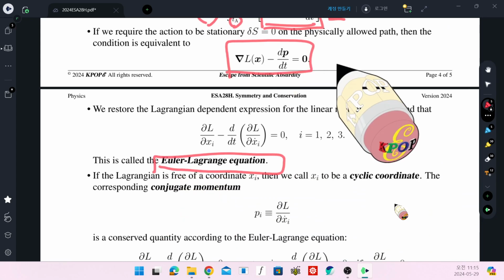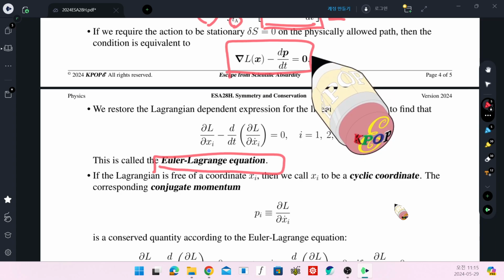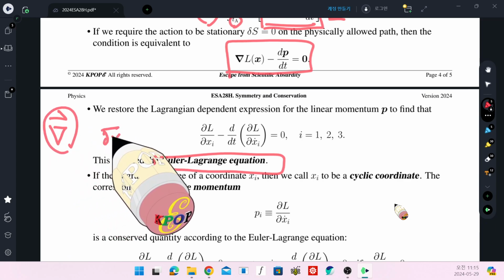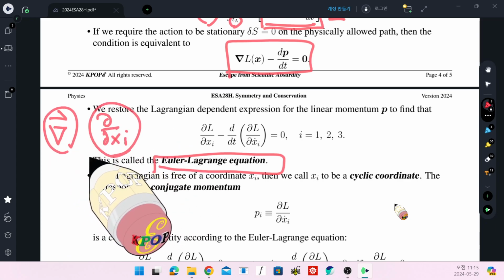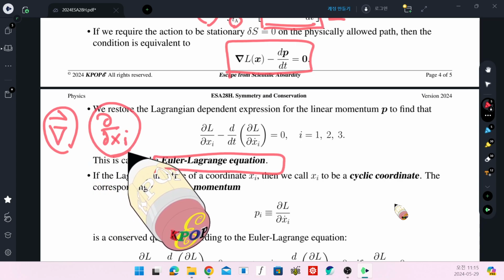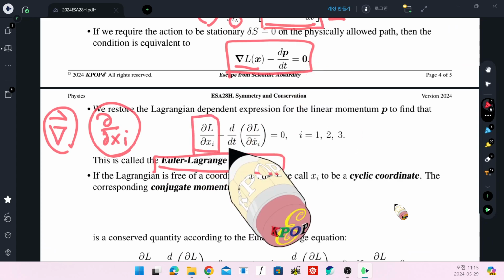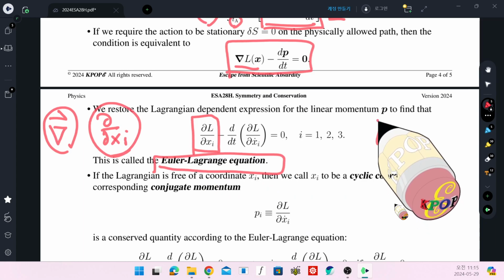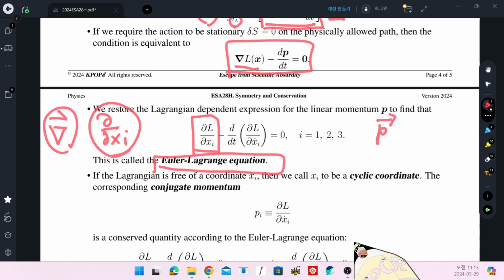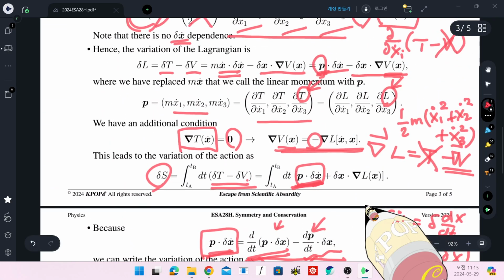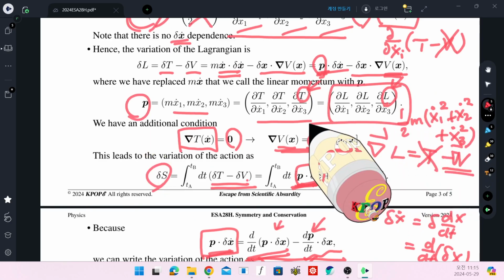And actually, if I pull out the Cartesian component, the ith component of the gradient is nothing but the partial derivative with respect to the ith Cartesian coordinate. So this one is replaced with this, and this one is the time derivative. And what is the linear momentum P? What we already have seen is that linear momentum is a gradient of Lagrangian.